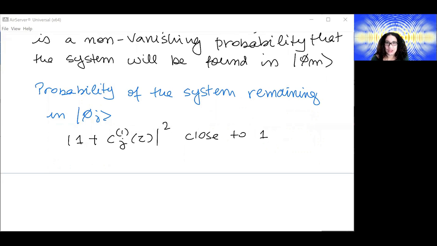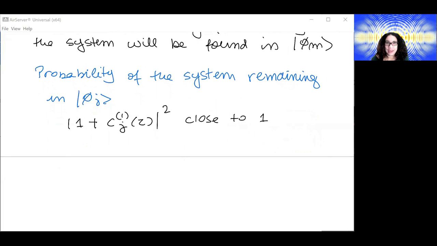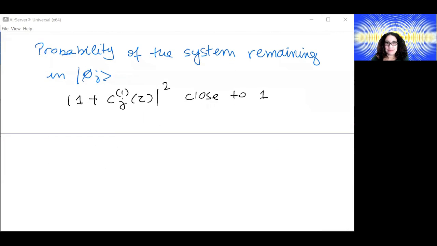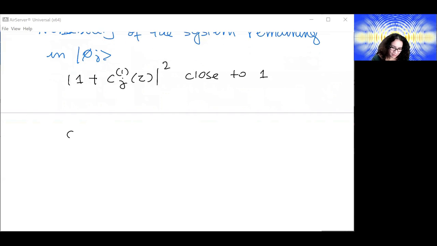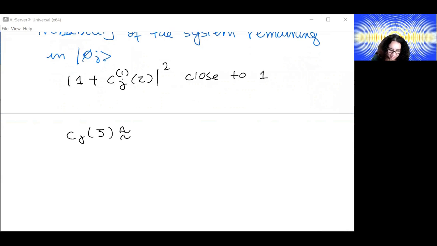It's close to 1. So what we can do is we can compare these to first order. So for simplicity, we can say that C_j(t), or C_j(tau) if you wish, is approximately, here we are setting lambda equal to 1, which is a bit strange, but we have some arbitrariness to do this, if your V(t) is weak enough, although we used lambda to get all these expansions done.